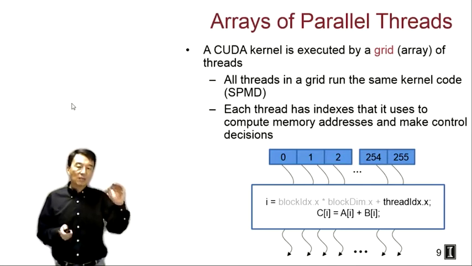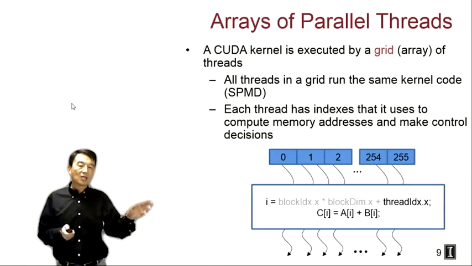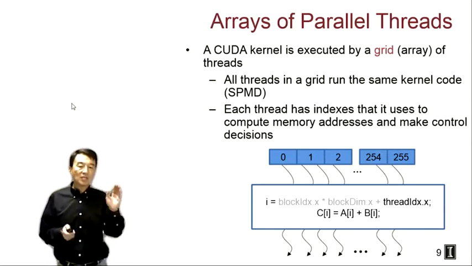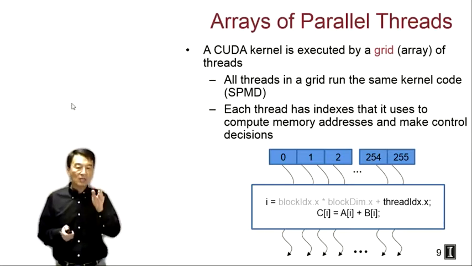There's a piece of code in the kernel that I'm showing in the box underneath, and it first calculates an i variable based on the thread index. This i variable is private to every thread. That is, every von Neumann processor that corresponds to those threads will have a unique i variable.